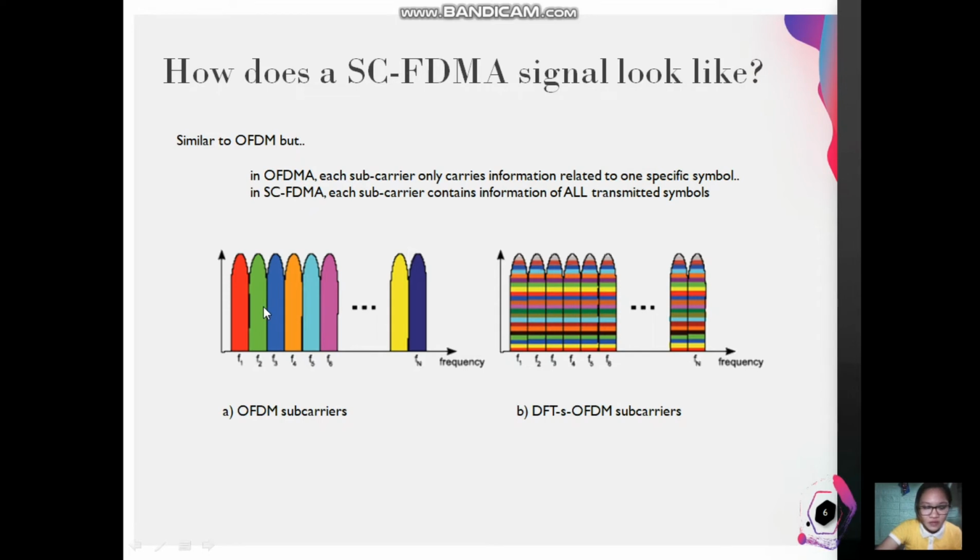In single carrier FDMA, each subcarrier now contains information about multiple transmitted symbols. You can see on the right-hand side of the graph that each of the different subcarriers now carries a little bit of red, green, blue, orange, and so on. With this, it means that by performing a DFT precoding, we shift around the problem of high amplitudes due to subcarriers in phase.